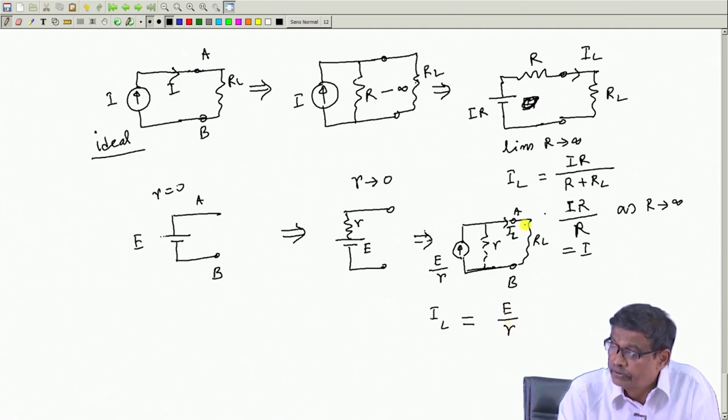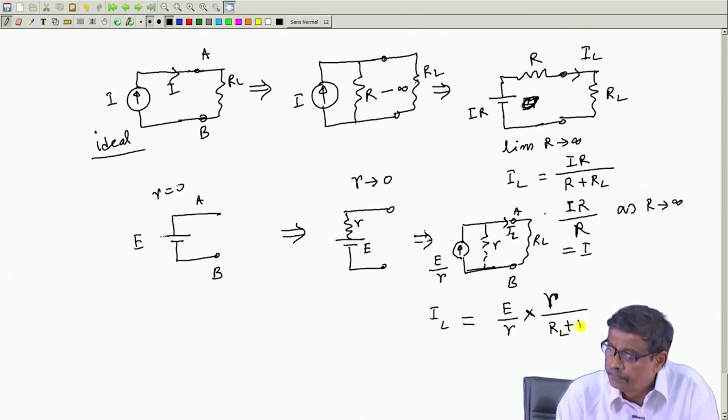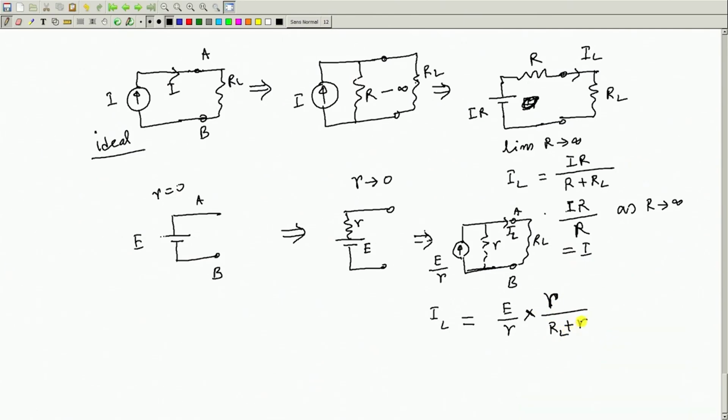You want to find out current through this branch, so this into R, other resistance which are in parallel, divided by RL plus R, division of current in parallel resistances. Then you say limit R tends to 0. Try to find out this magnitude.